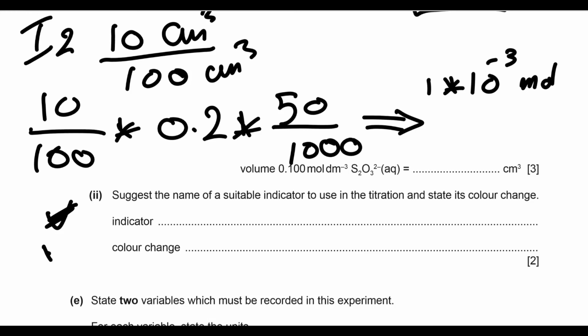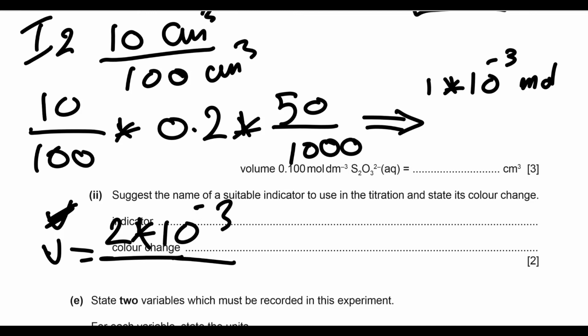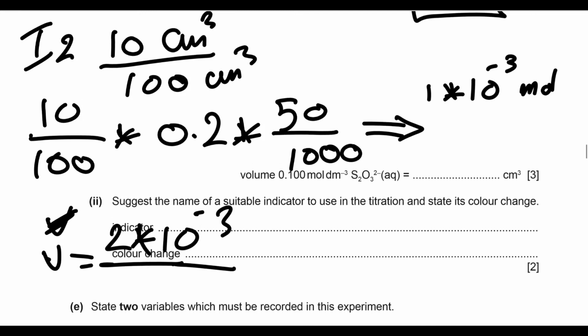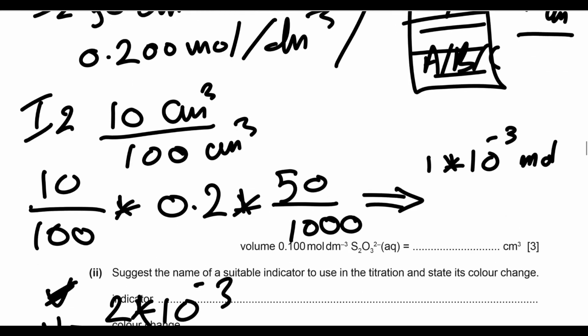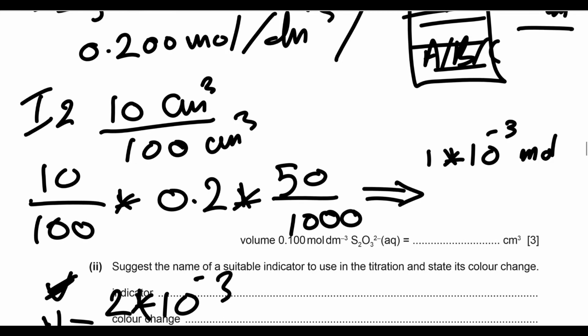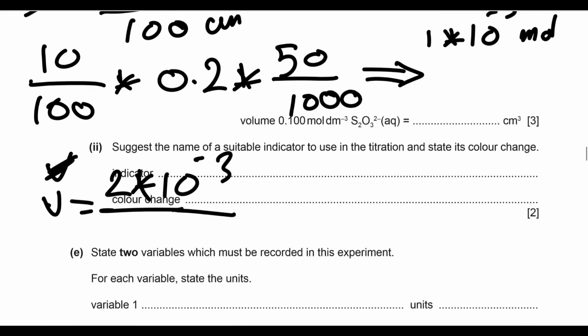So volume equals mole, we say 2 × 10^-3, over the concentration, which is 0.1.